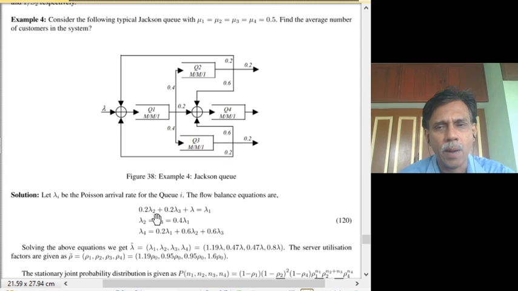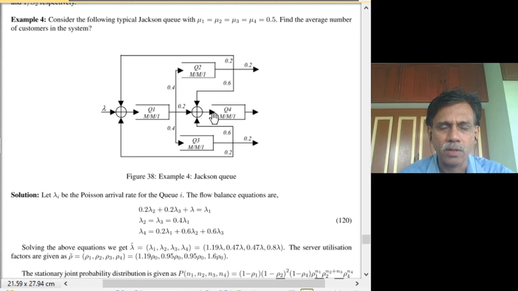That is one equation. Lambda 2, the arrival rate to Q2, is nothing but 0.4 times lambda 1. Similarly, lambda 3, the arrival rate to Q3, is 0.4 times lambda 1. So lambda 2 equals lambda 3 equals 0.4 lambda 1.